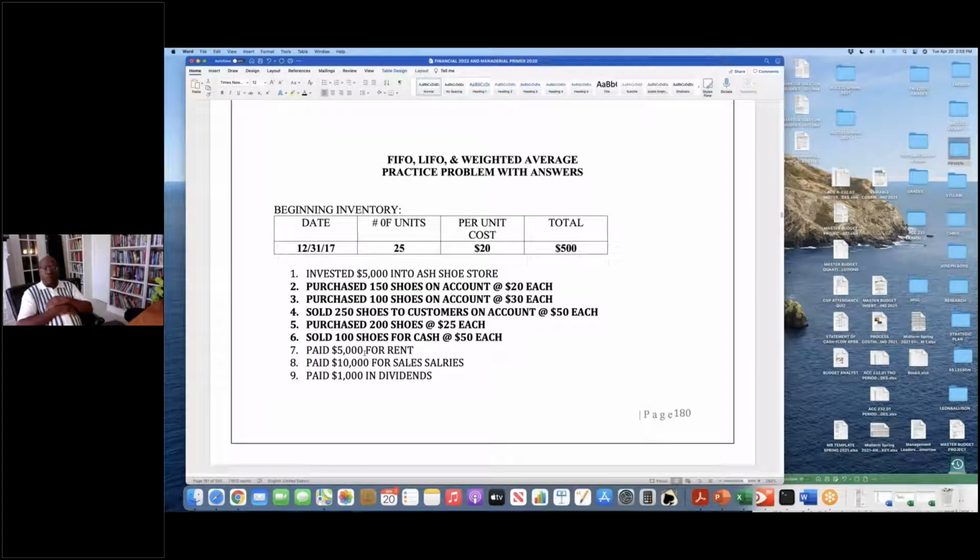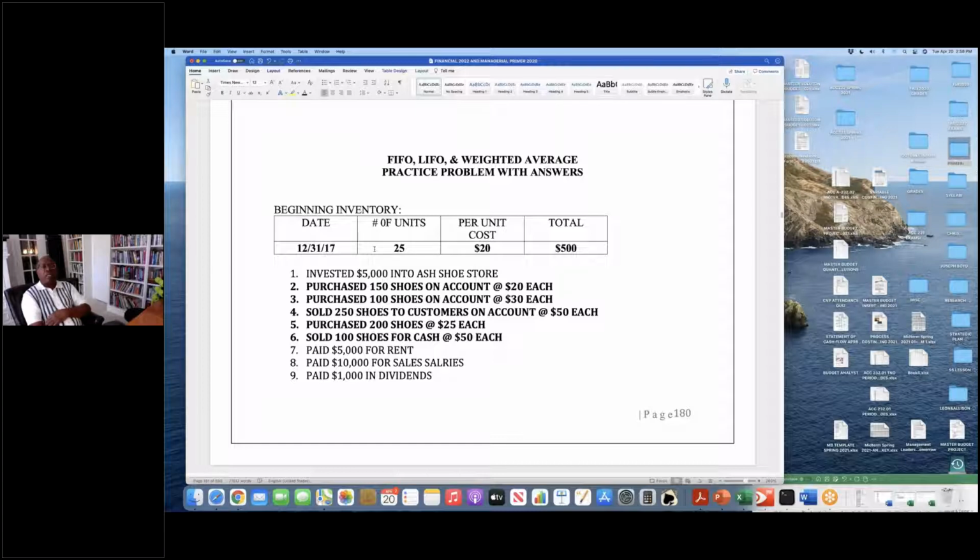In this problem, you have 25 units in beginning inventory, so you don't make a journal entry for them, they're already there. Then you have 2, 3, 4, 5, and 6 when using FIFO. I just want you to start with 2, 3, 4, 5 and 6, right, plus the beginning inventory.